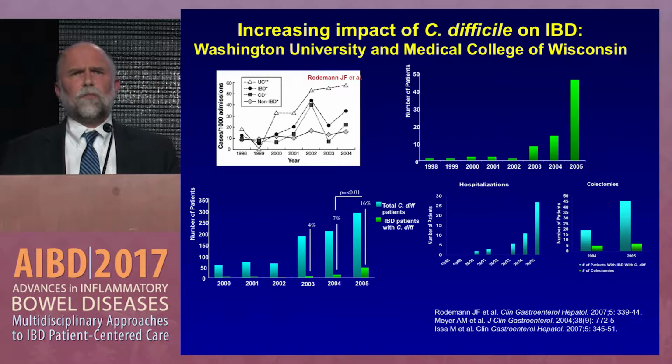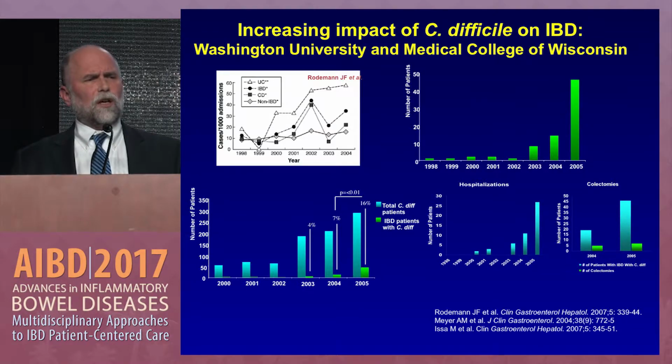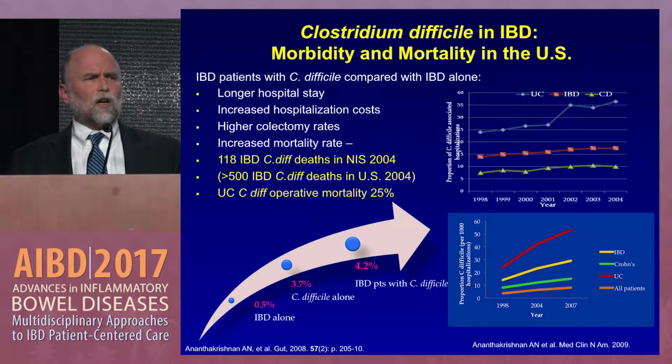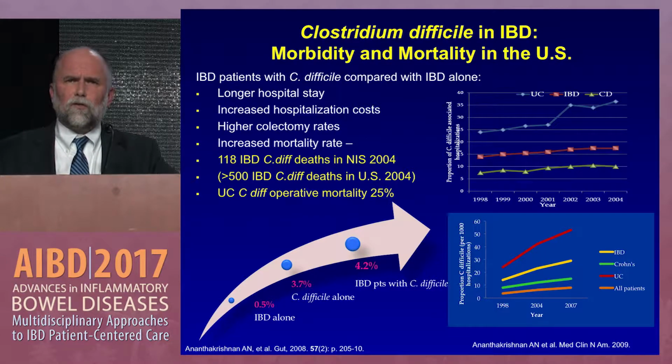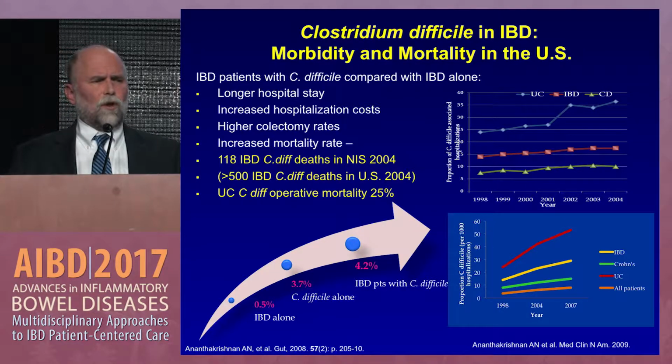Now, we followed up these 2 single-center studies with this work that was done by Ashwin and Krishnan on our podium, our chairman, who actually looked at the nationwide inpatient sample data set from 2004. That's 1,000 hospitals that share data in the United States, acute care hospitals. And what they found, what Ashwin found in this paper, was the mortality associated with an IBD admission was fairly modest.